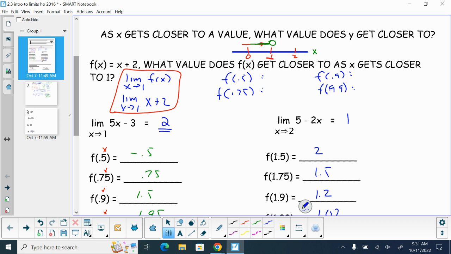We have 2 plus 0.5, 2 plus 0.75, 2 plus 0.9, 2 plus 0.99. And the value we get closer to here is a value of 3.